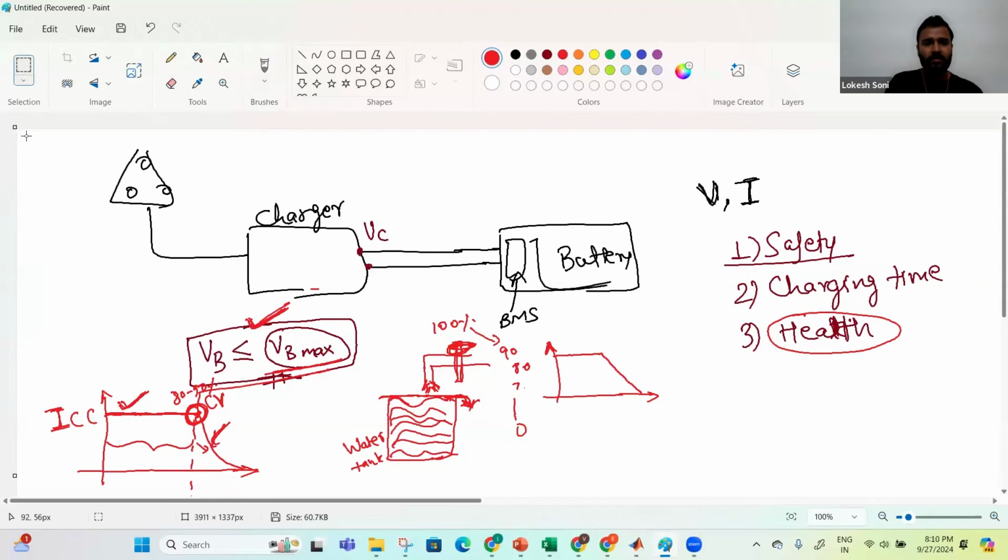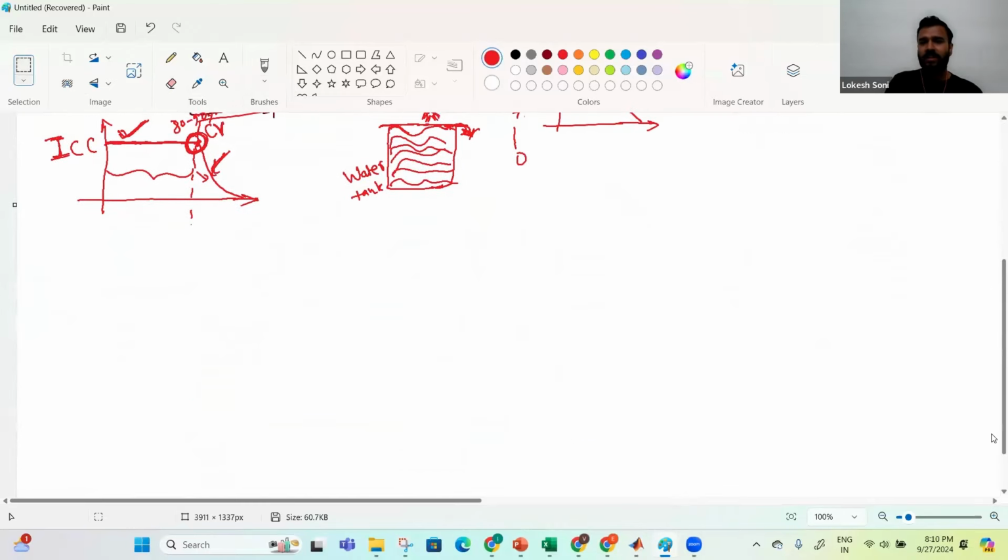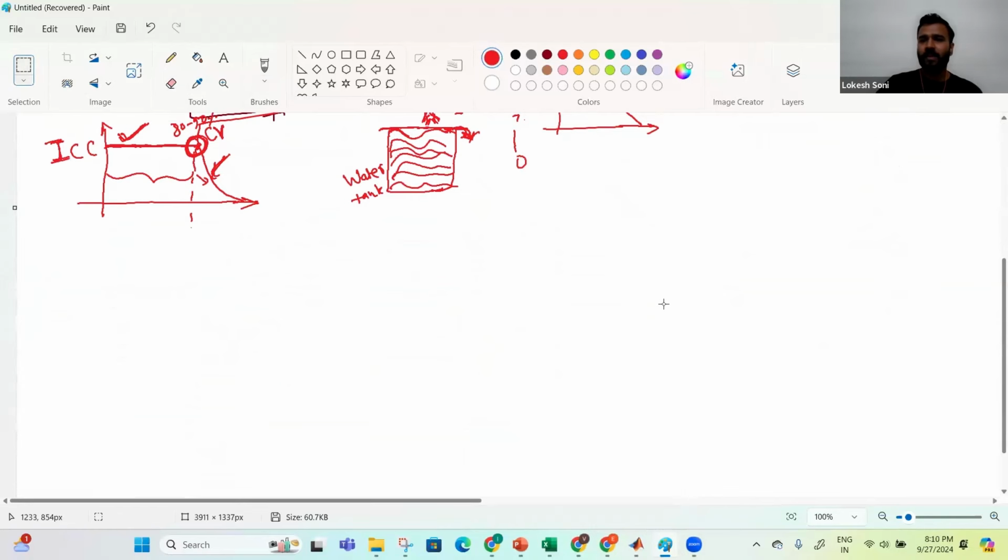So I'll rub this part. Let's see how voltage changes with current.